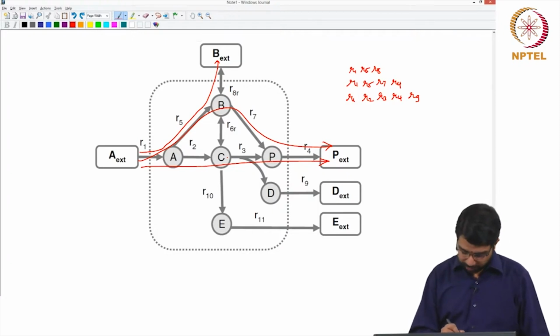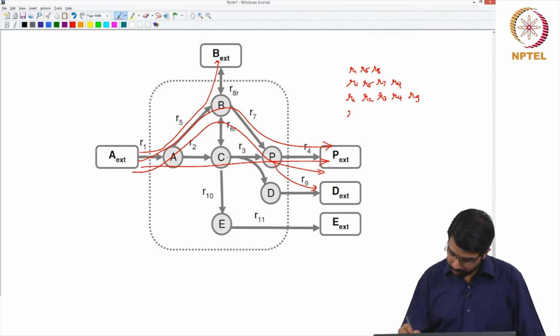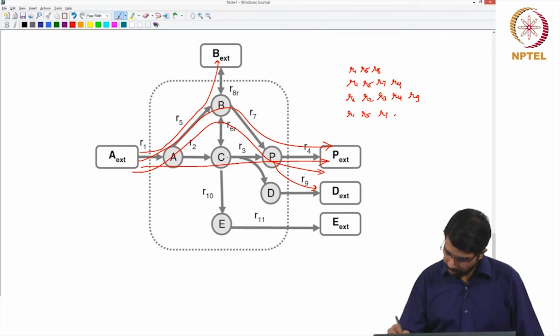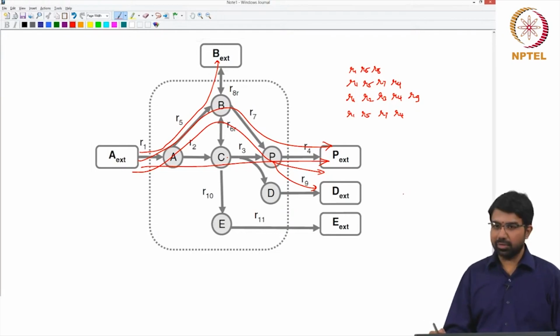And of course, you have this reaction as well. So, this will be R1, R5, R7, R4, R9. No, that will just be R4. Only when you have R3, you will need R4 and R9.